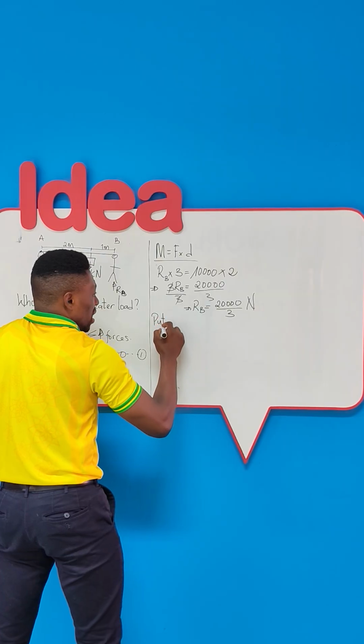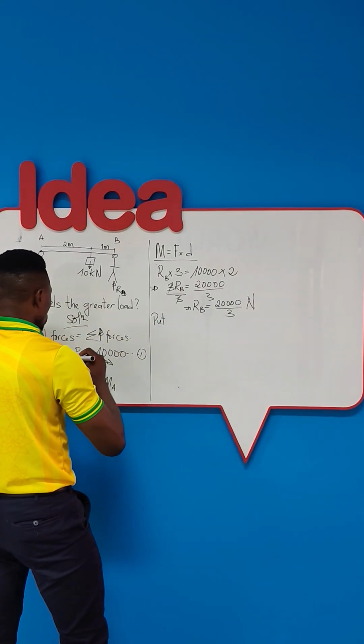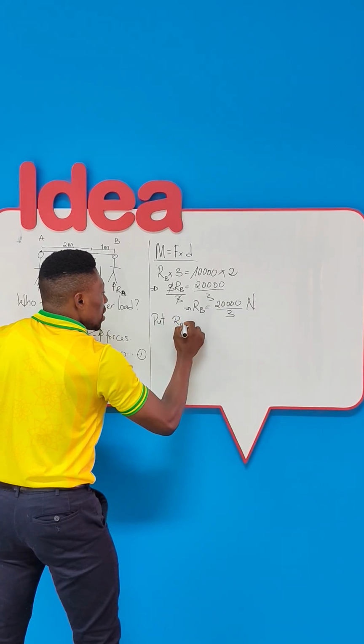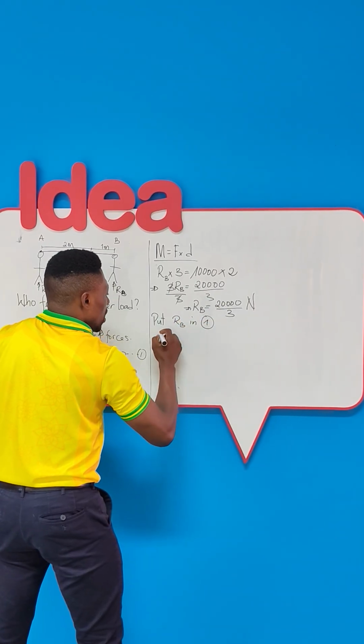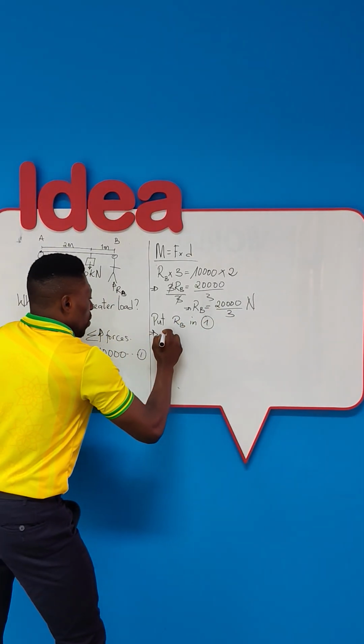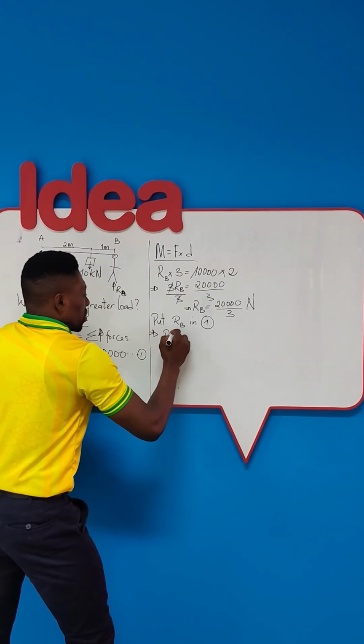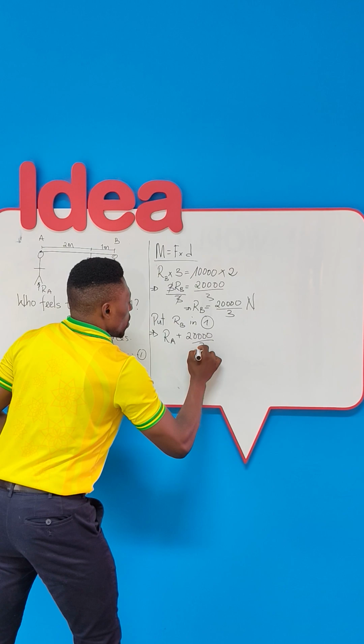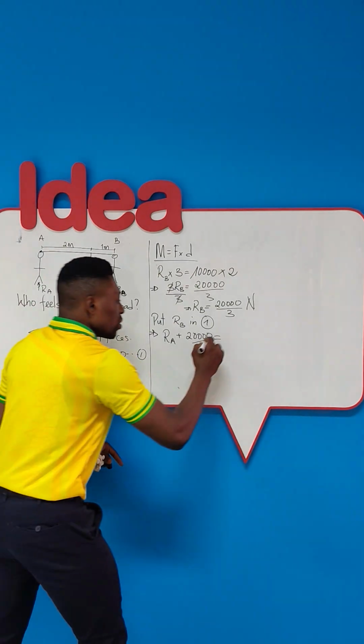I always like to write it down because, like I always say, it's difficult to say one thing and write the other. So putting RB in equation 1, we will have RA plus 20,000 on 3, and this should give us 10,000.